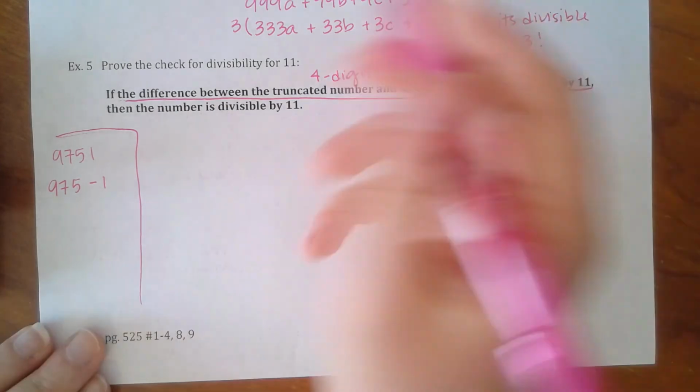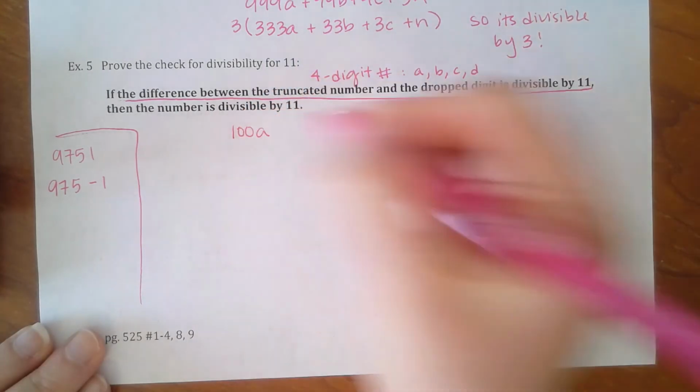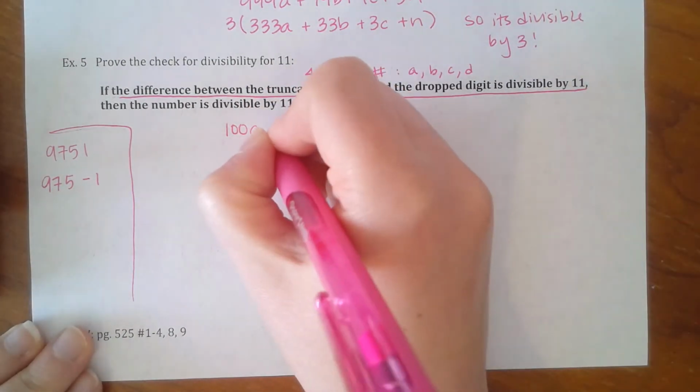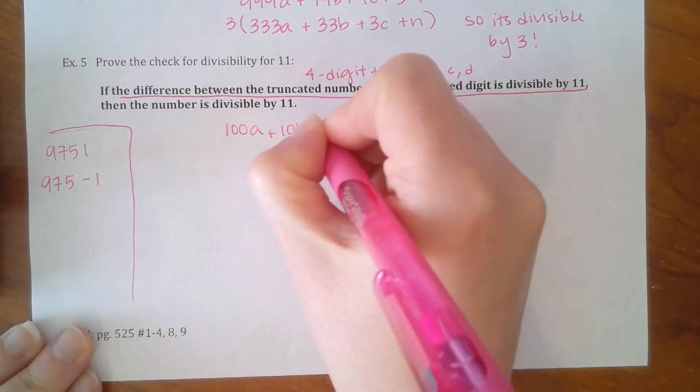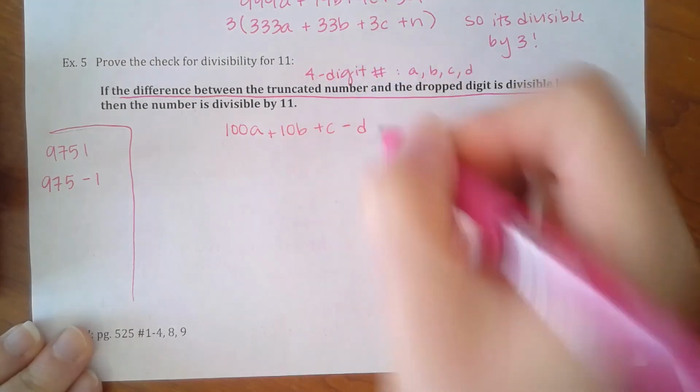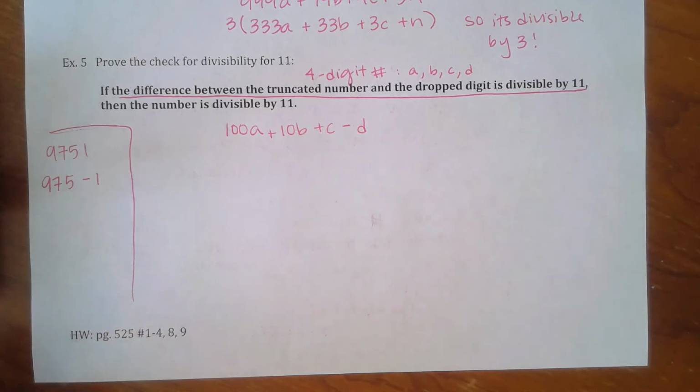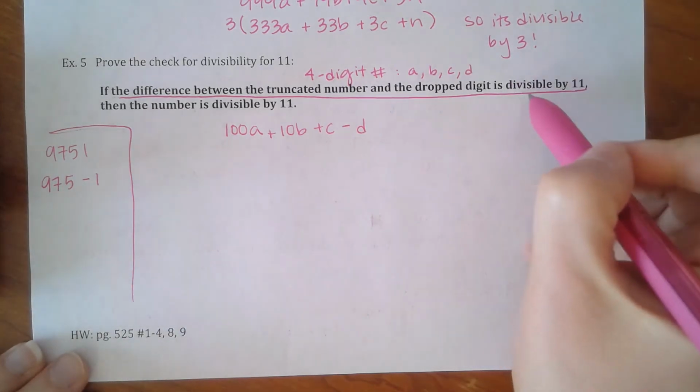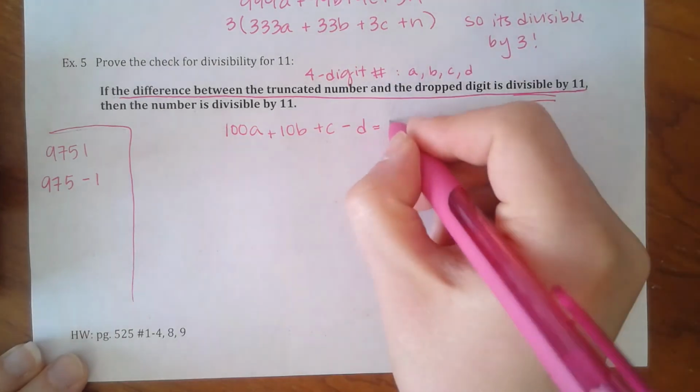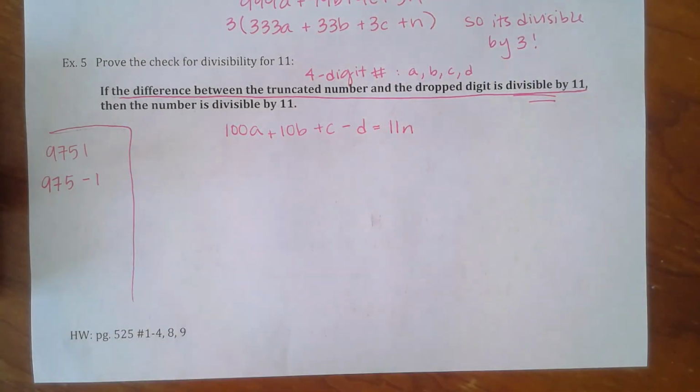So this starts off with 100A, 10B, plus C, and then I subtract my last digit, which is D. What I know is that it is divisible by 11, which means that if I perform that operation, I get 11 times some number.